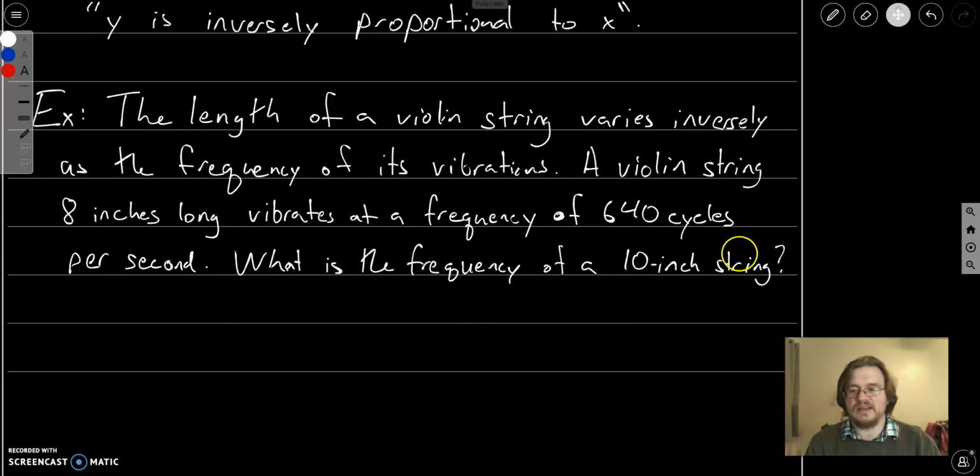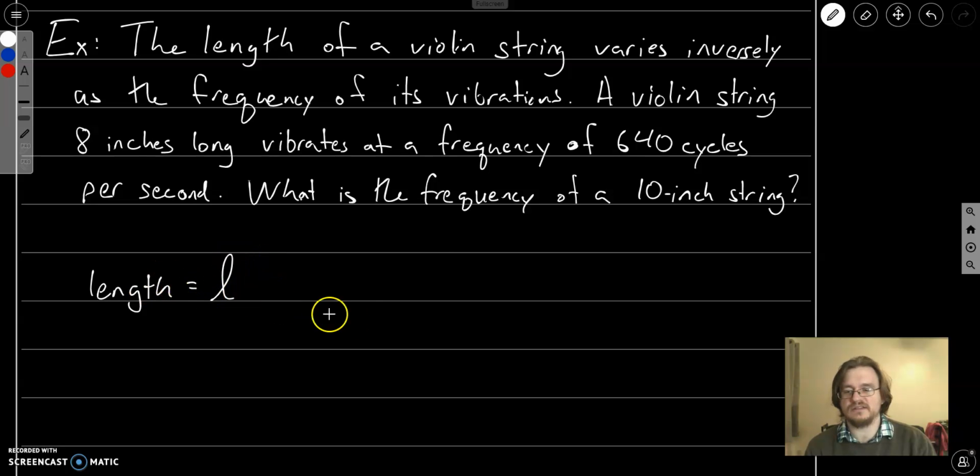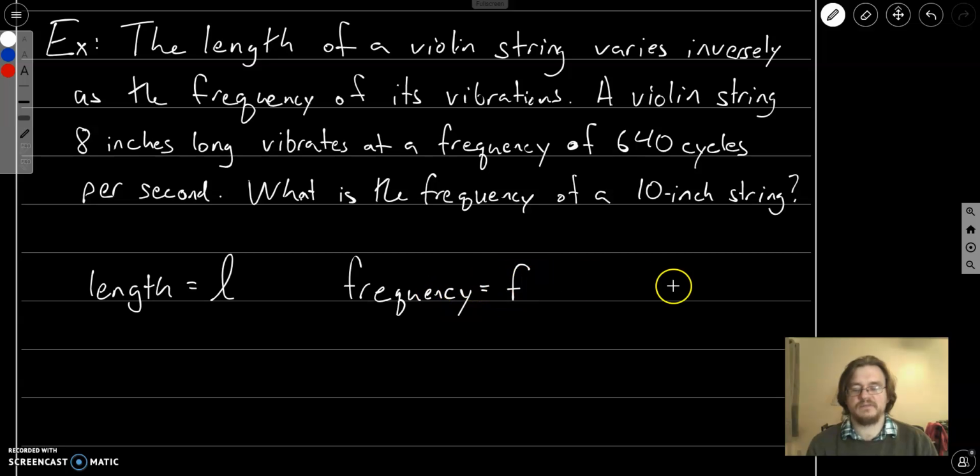So let's look at an example. The length of a violin string varies inversely as the frequency of its vibrations. So if we stop to consider this for a second, let's say that the length of a violin string, let's call this script L, and the frequency that it vibrates at, how fast it goes back and forth, is going to be f.